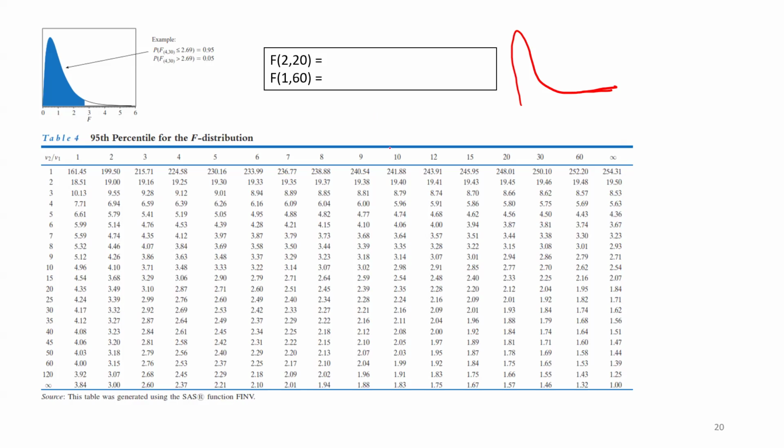For example, if I would like to find F with 2 and 20 degrees of freedom at 95%, you have to go to the table for the 95th percentile of the F distribution. Then at 2 and 20, you get 3.49.